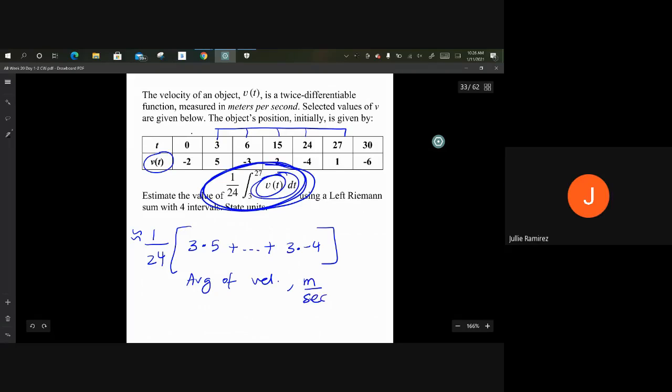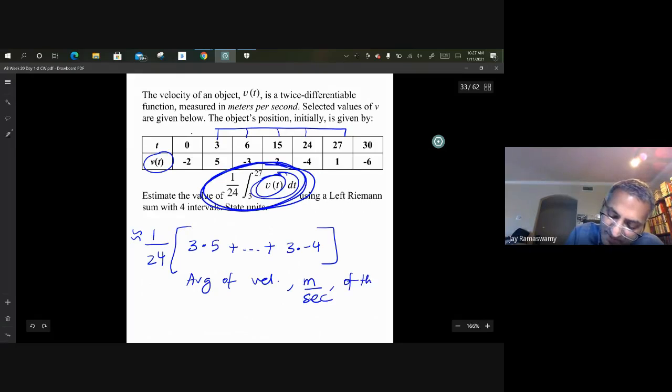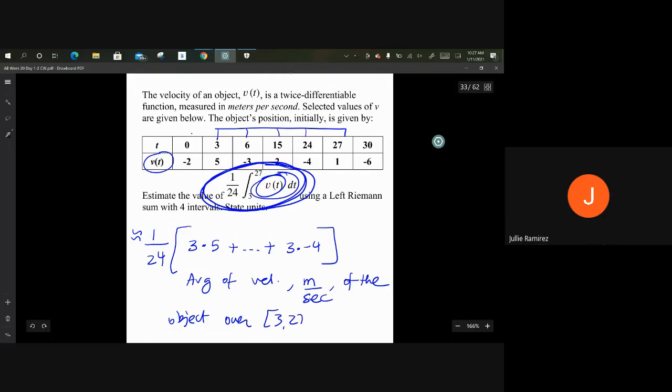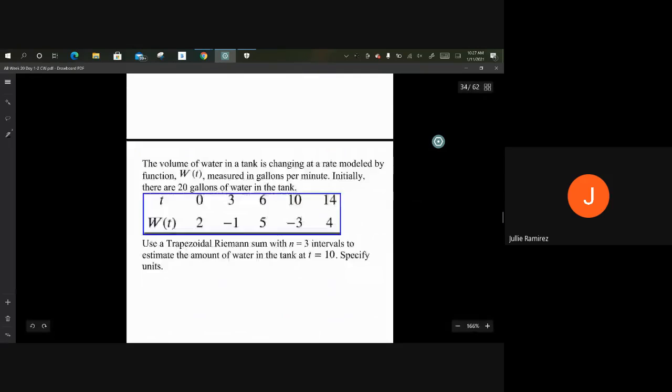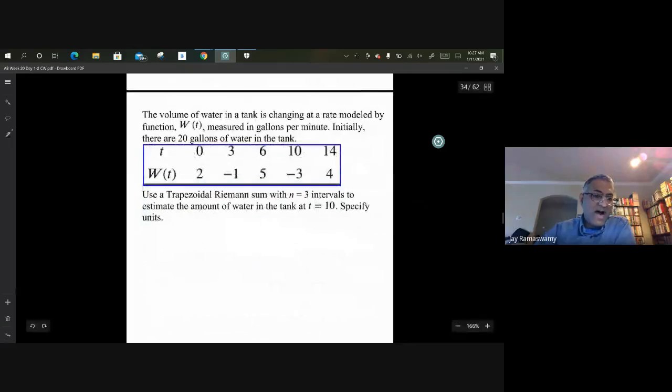Average velocity of the object over the interval 3 to 27, and that's in seconds. Ram, I have a question. Yeah, go on. Can we write the average rate of change of the position? Absolutely, yes.